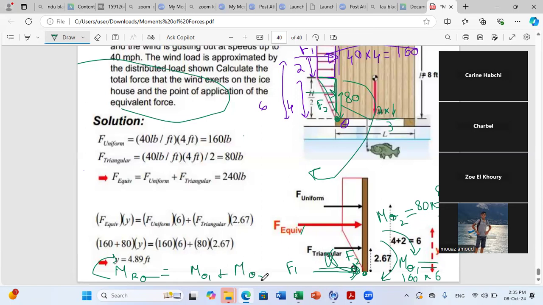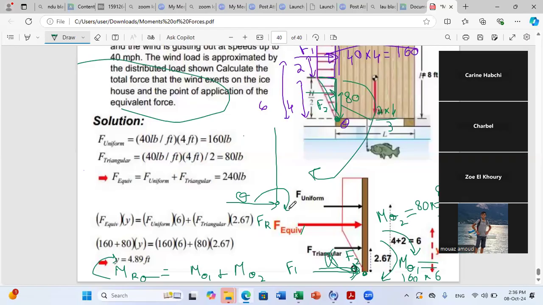If I want to present my system, this is my wall, this is point O. At O, I have F resultant, which is the summation of the two forces, and I have M resultant, which is MO1 plus MO2 in clockwise direction.